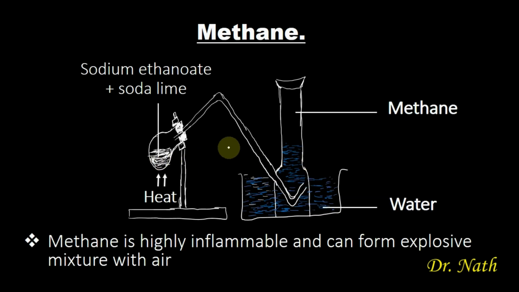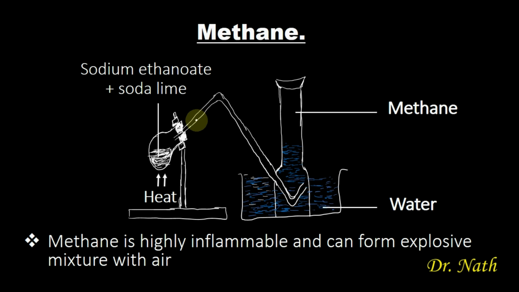So this is a setup for the laboratory preparation of methane. Like I've said, it is prepared by heating a mixture of sodium ethanoate and soda lime. So this is the sodium ethanoate and soda lime which are put into this part of the setup, and when they are heated, methane will be produced.